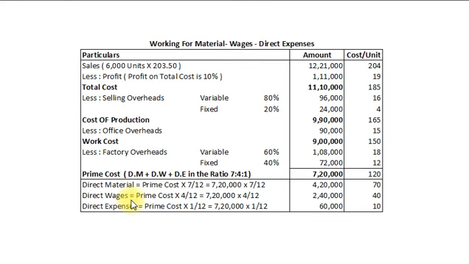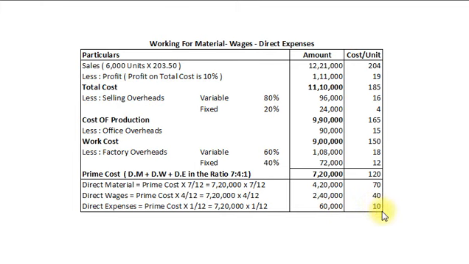Direct wages is equal to prime cost into 4 by 12, that is 7,20,000 into 4 by 12. So 2,40,000 total and per unit rupees 40. And direct expenses is equal to prime cost into 1 by 12, that is 7,20,000 into 1 by 12, 60,000 rupees total and per unit rupees 10.